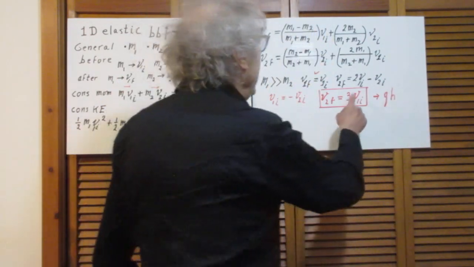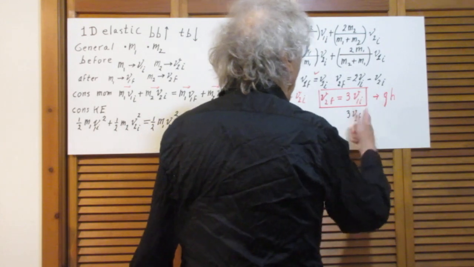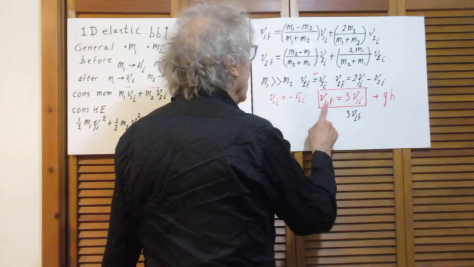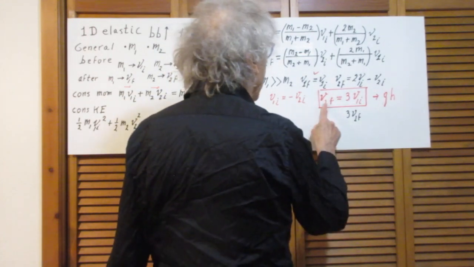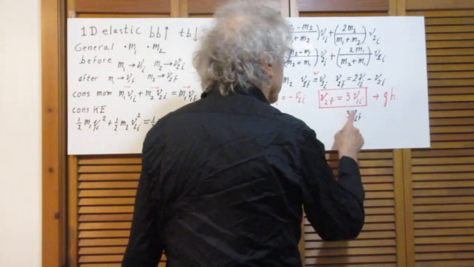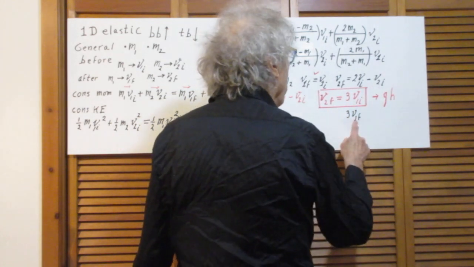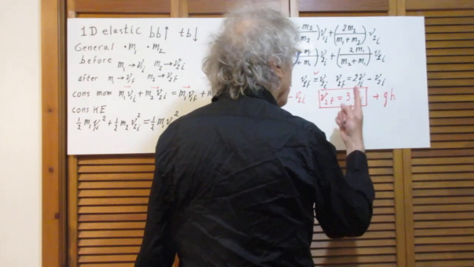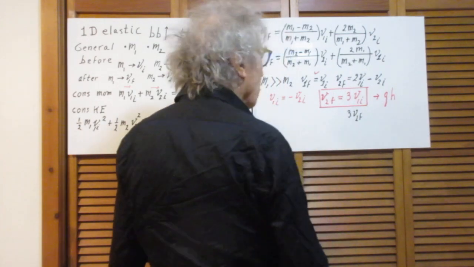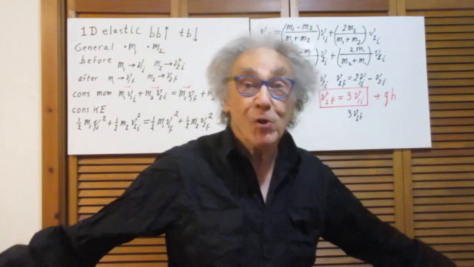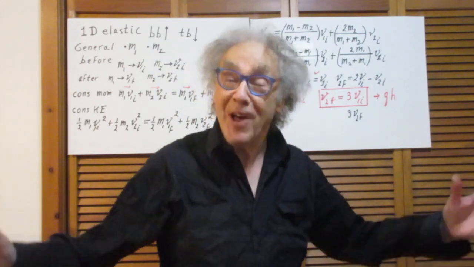And so this V1I is also V1F. And so now you see that the speed of the tennis ball, which in my case is V2, is 3 times the speed of the basketball when it comes up. And therefore, the tennis ball will go 9 times higher.